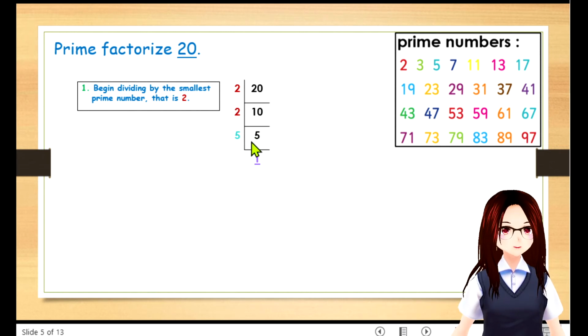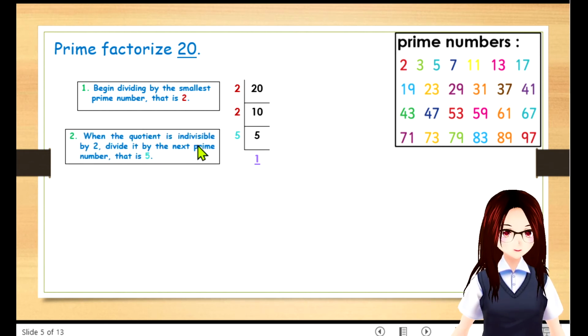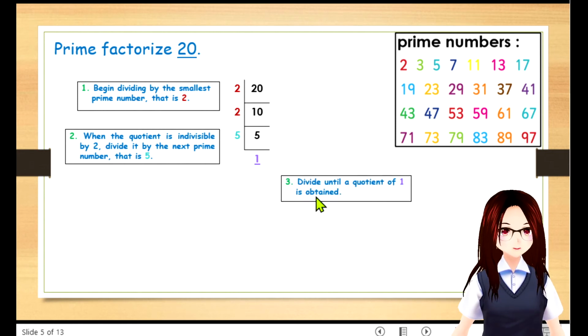Okay, 5 divided by 2 cannot. So next, we divide by the next prime number, that is 5. 5 divided by 5 equals 1. So now we obtain the quotient of 1.